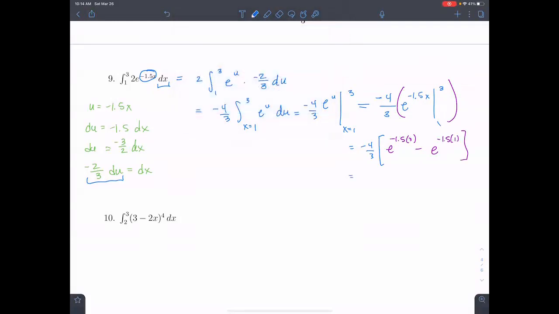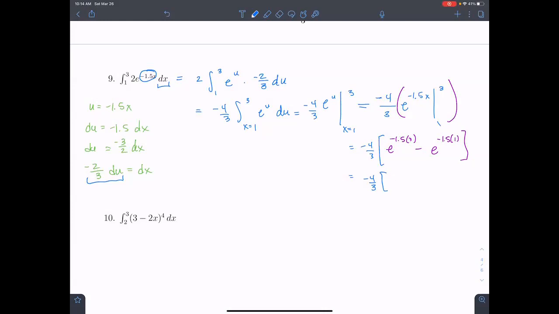And then that is negative 4/3 times e to the, 1.5 times 3 is 4.5.